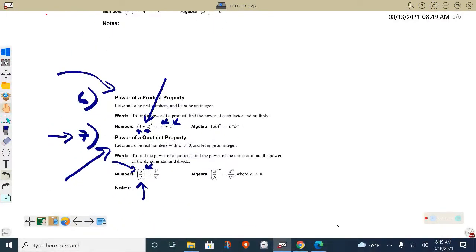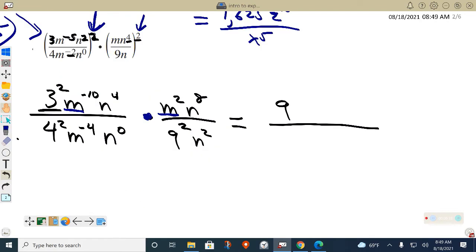I can add the exponents. So that would be m to the negative 8 power. Negative 10 plus 2, negative 8 power. Let me keep it color coded here. M to the negative 8 power.